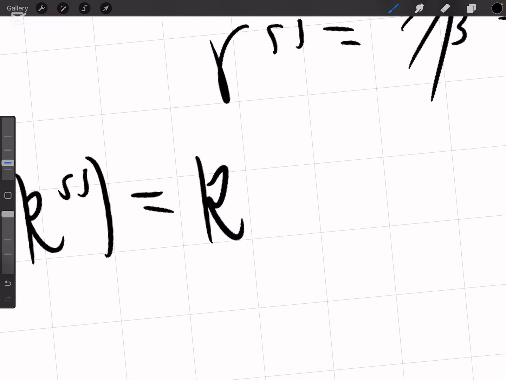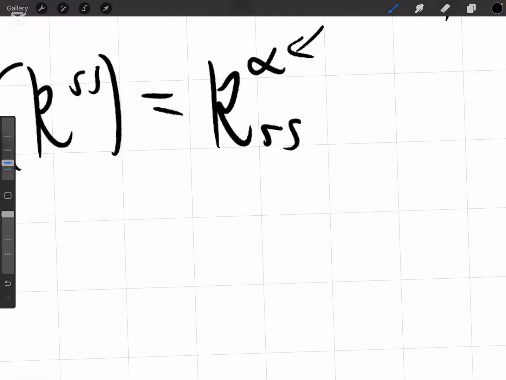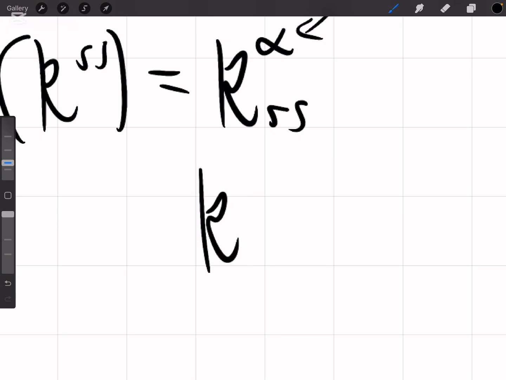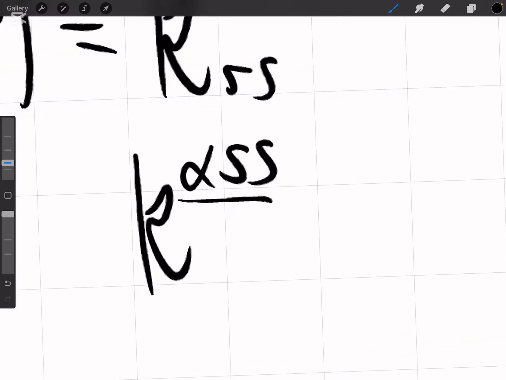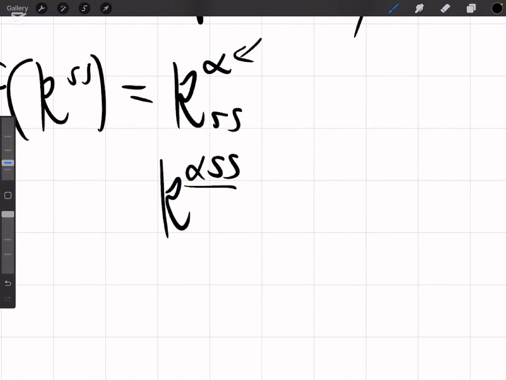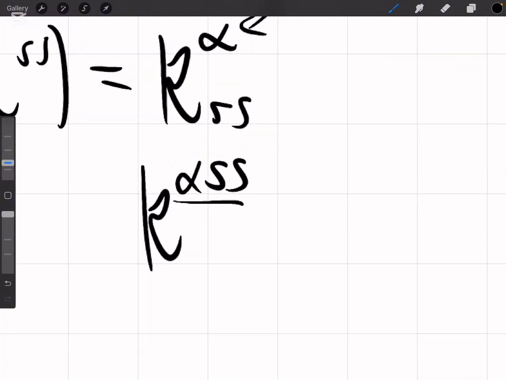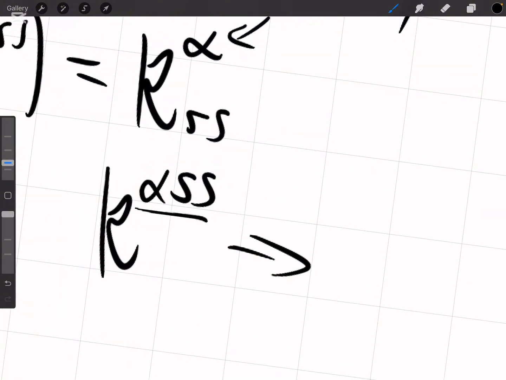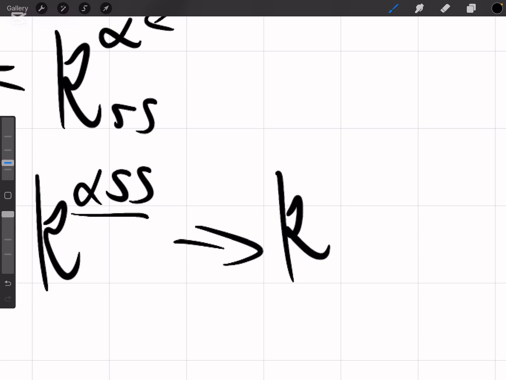KSS, and I'm going to put it down there because the exponent is alpha. You can write it out like this, but that just doesn't look very good, you know? Like I've seen better notation in my day, so we're not going to write it like that, although it is quite funny.